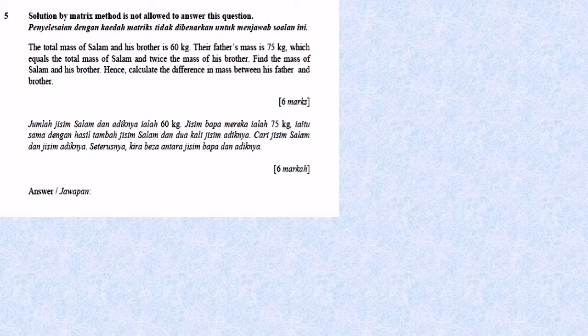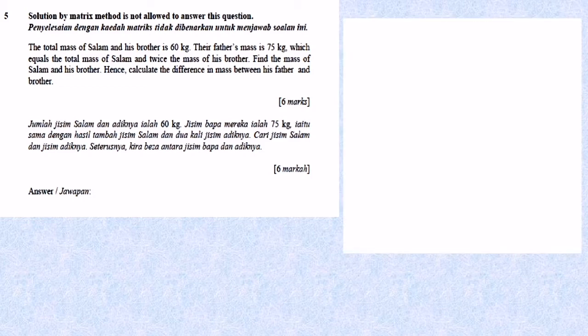Okay, so first we form the equation. Let mass of Salam be S and mass of his brother be Y. So S plus Y equals 60. This is the first equation.